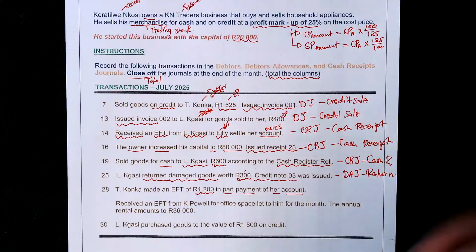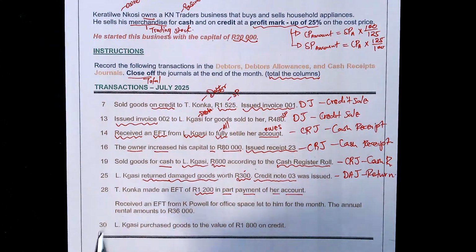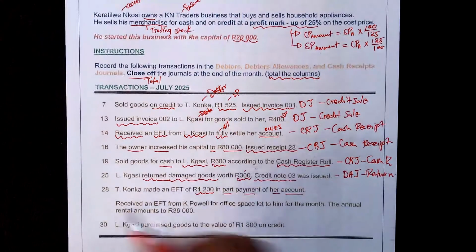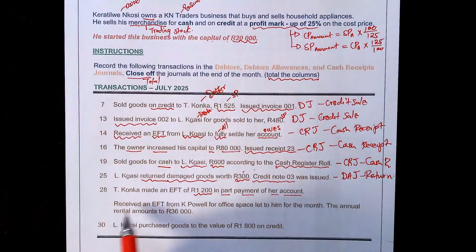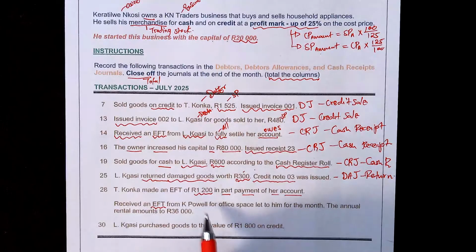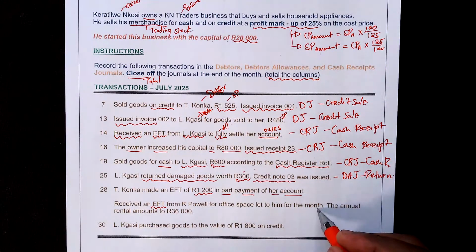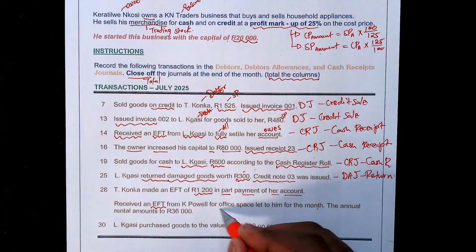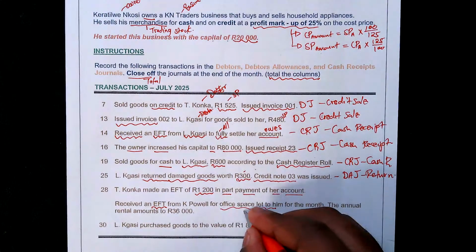Okay, and then on the same day, the business KN Traders received an EFT from K Powell for office space let to him for the month. Okay, office space let to him. We know that is rent.